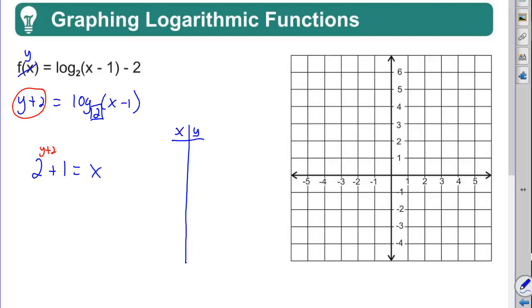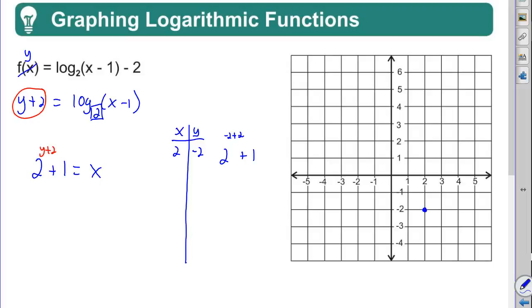So I look at this and I say, what's going to give me a 0 exponent? A y of negative 2 will. So just so you're with me here, I have 2 to the negative 2 plus 2, plus 1, right? And that's 2 to the 0, which is 1. 1 plus 1 is 2. And I have the point 2, negative 2 right there.